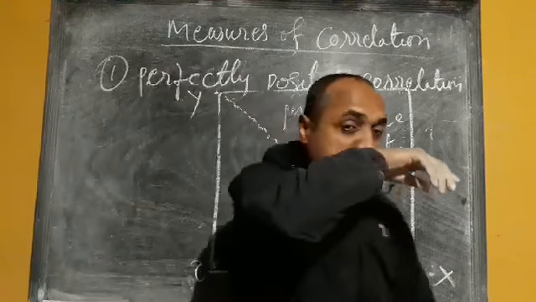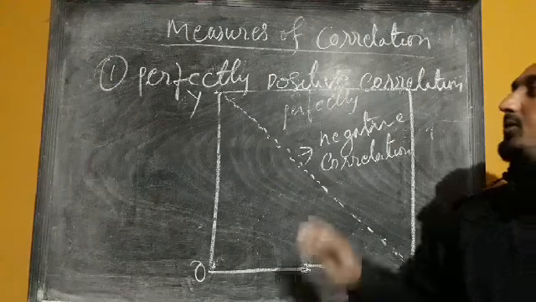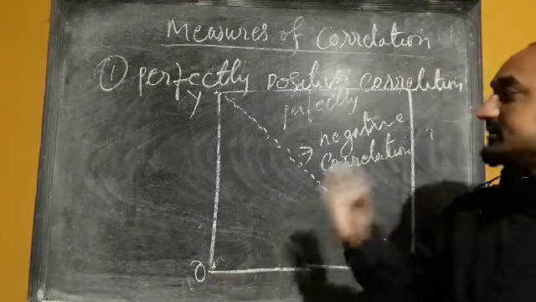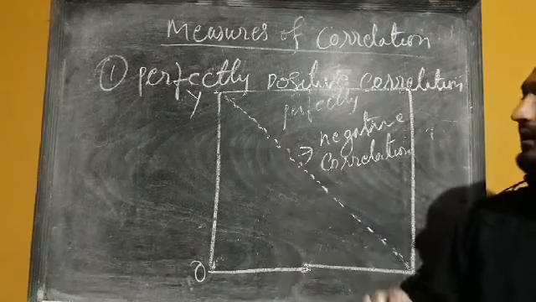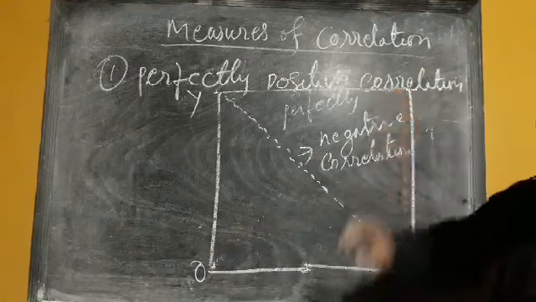Now next one we have positive correlation. In the case of positive correlation, all the plotted points will lie from the left corner to the right corner.